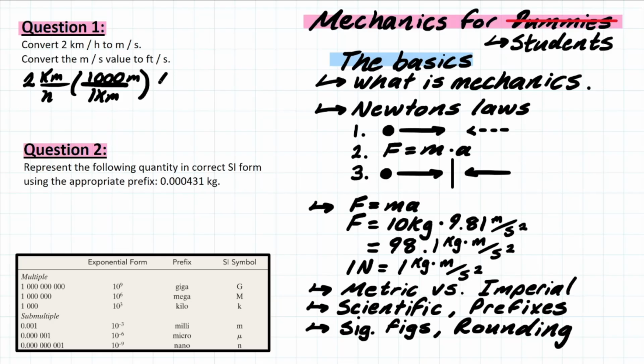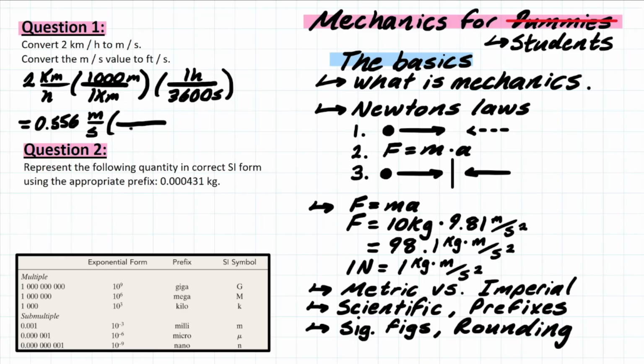Similar thing for hours. If we want to cancel out the hours, we write hours on top. And for every 1 hour, there's 3,600 seconds. And then solving that, we're left with 0.556 meters per second.